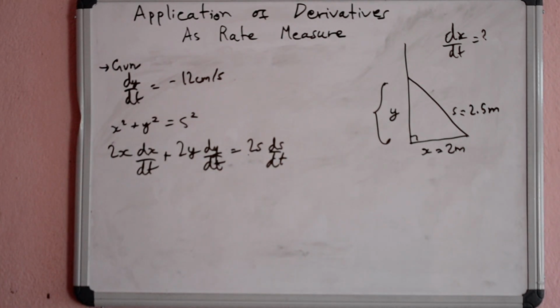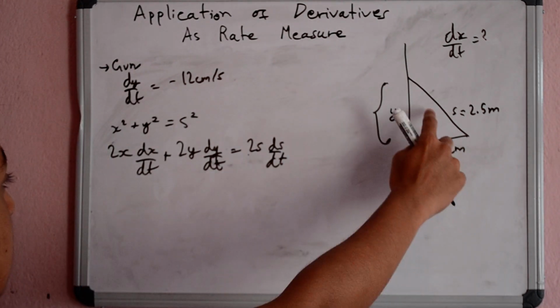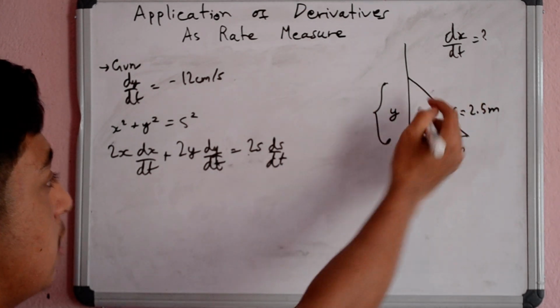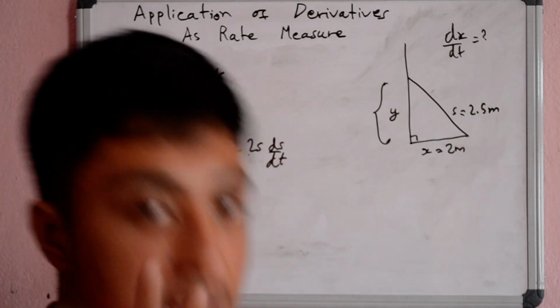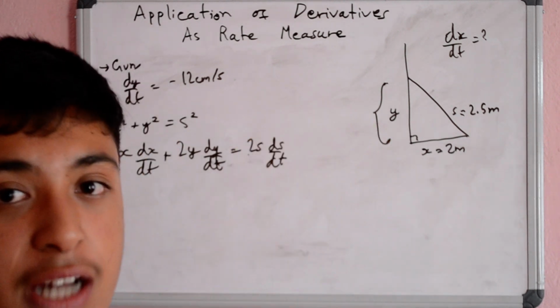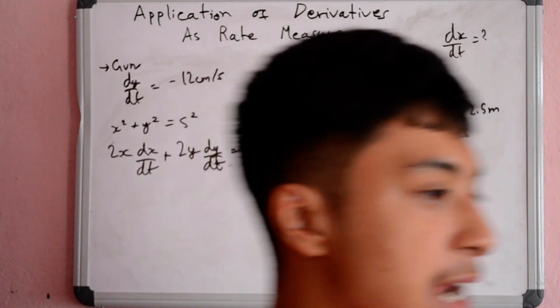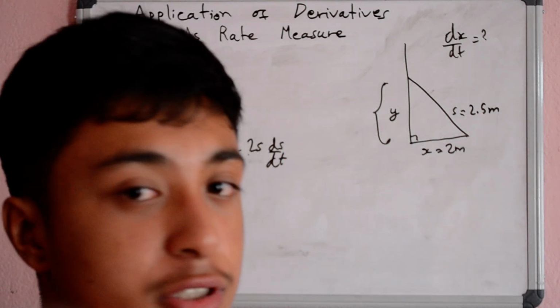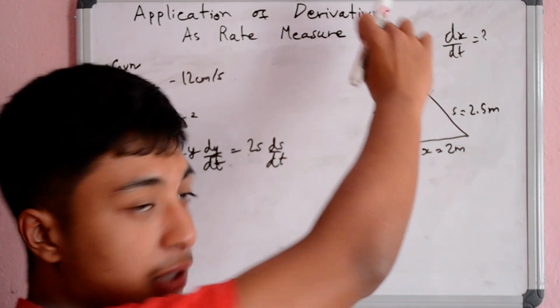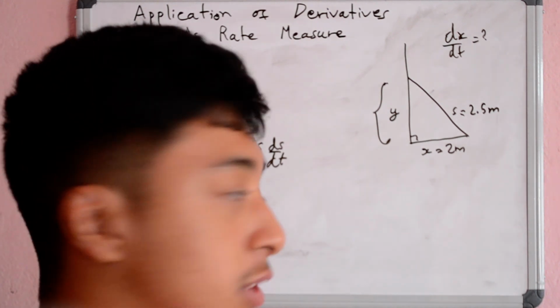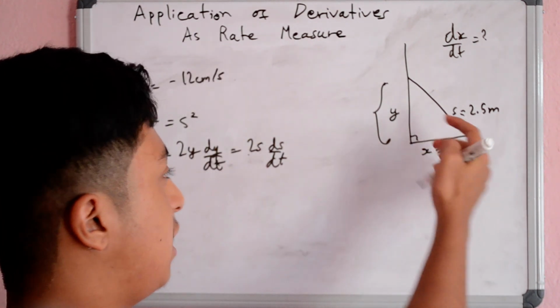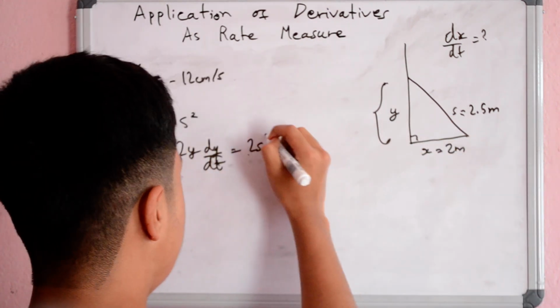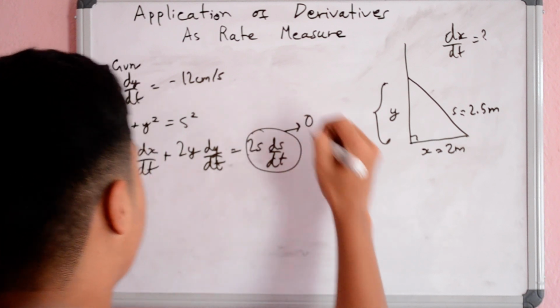Now here, this ladder, because a ladder is a ladder, that means if it slides down, if you push the ladder, if you don't break the ladder, just move it here and there, the length of the ladder does not change. So that means the change in the ladder length is just 0.